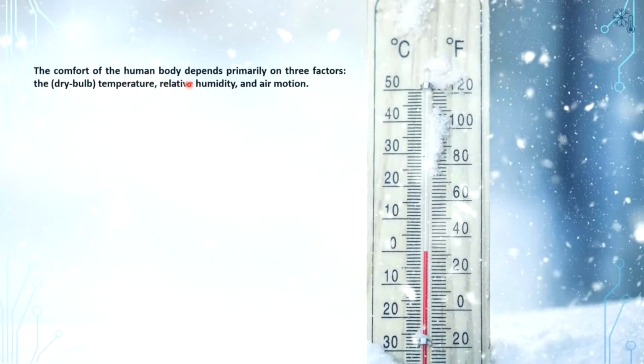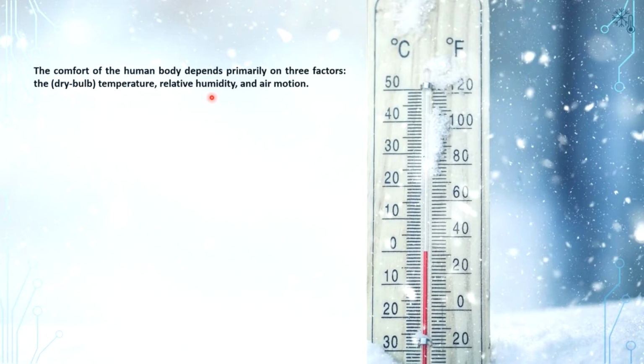Now, the comfort of the human body depends primarily on 3 factors. One, the dry bulb temperature, which is the normal temperature reading from the thermometer. It is known as dry bulb temperature because the device that we use is called a dry bulb thermometer, which I will explain later.